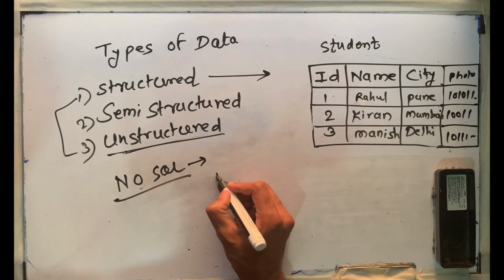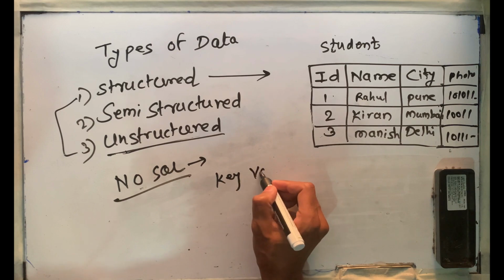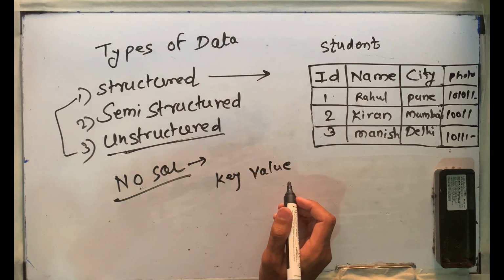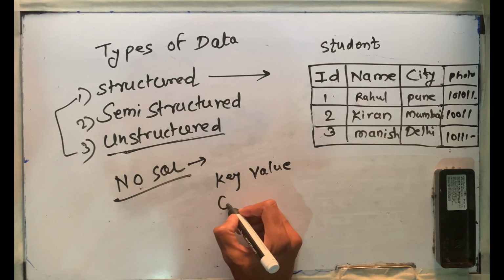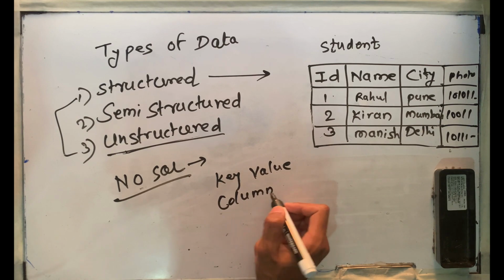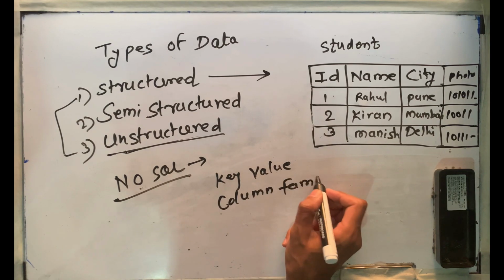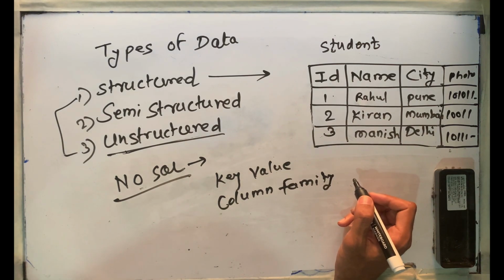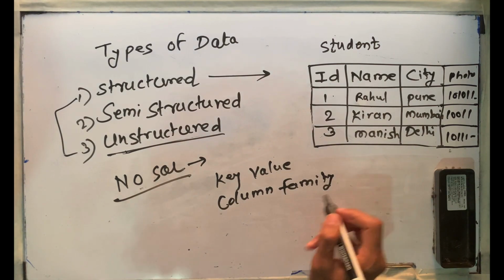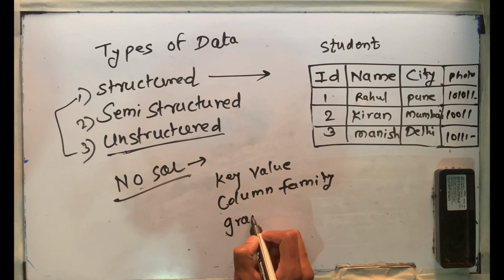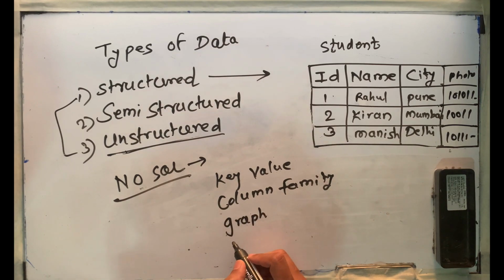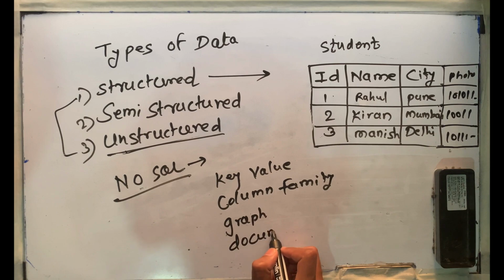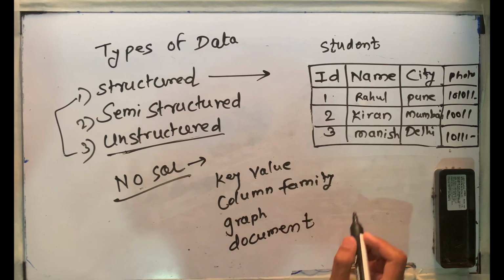So what are the different types of NoSQL database? One is the key value. Second is the column family, we can say wide column. Third is the graph database. And the fourth one is the document database.